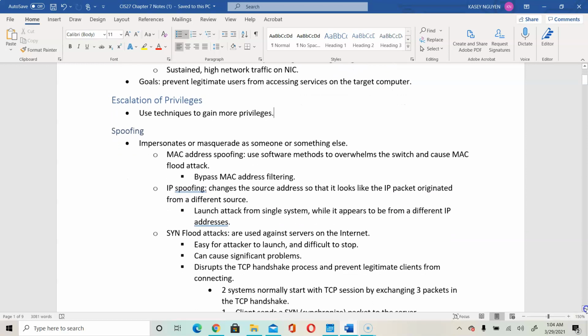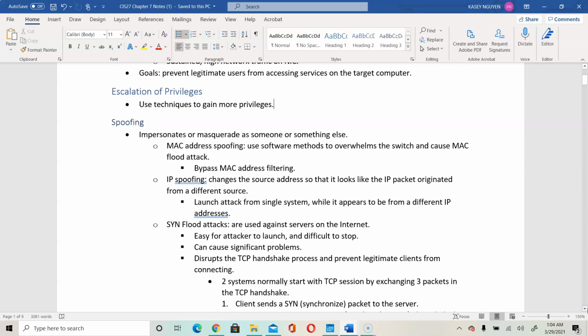Now, another type of attack that is often used relating to TCP/IP would be the SYN flood attack. And this is used against servers on the internet. It will be easy to launch because the internet is readily available through a connection through the ISP, and it could be difficult to stop.